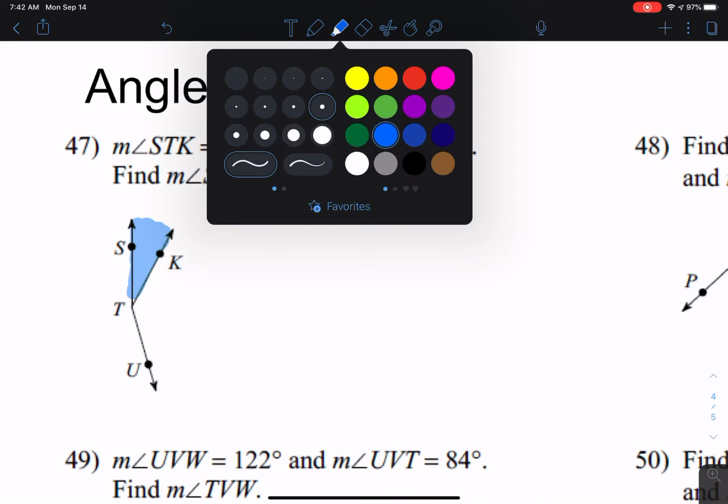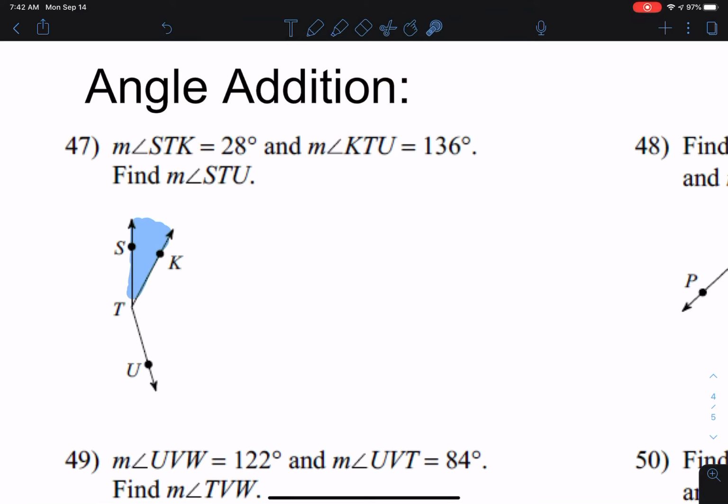And then the measure of KTU, KTU. So this other big slice of pizza over here is 136. So this guy, KTU, this guy right here, is 136.